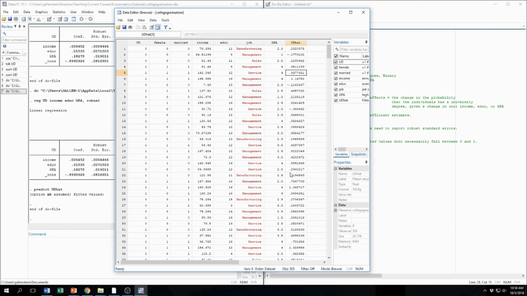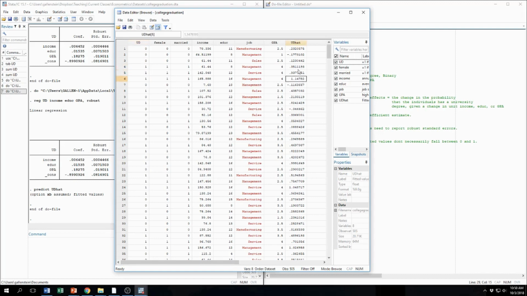We can keep going down the list. We can get an idea for how good these estimates are. The first 3 people, none of them have university degrees. UD equals 0. And we can look at the predicted values and see they're all pretty small. In fact, one's even negative. These other people all have university degrees. How well does this match?